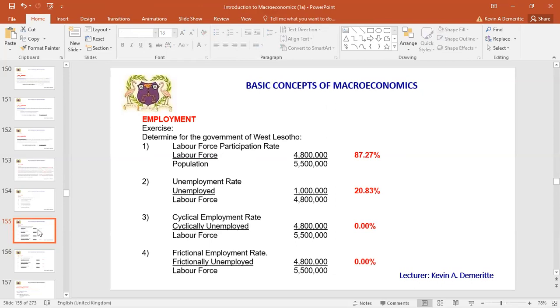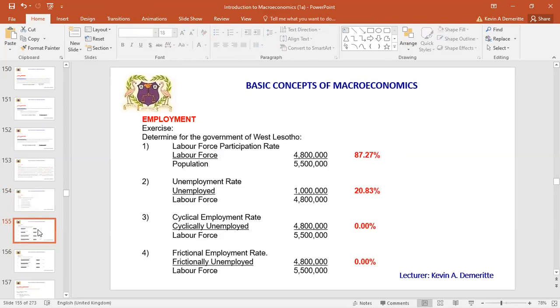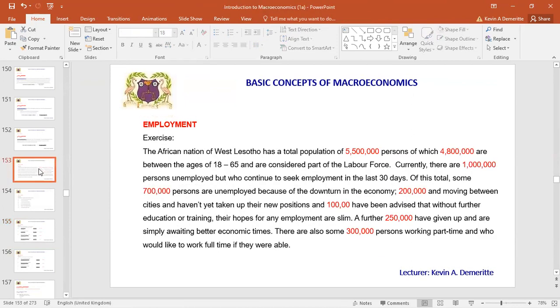All right, so now the cyclical unemployment rate. It's cyclically unemployed divided by the labor force. And Miss Tamiko told me to fix my labor force again to 4,800,000. Right? Yeah. All right. So now we need how many people are considered cyclically unemployed. Let's go to our scenario.